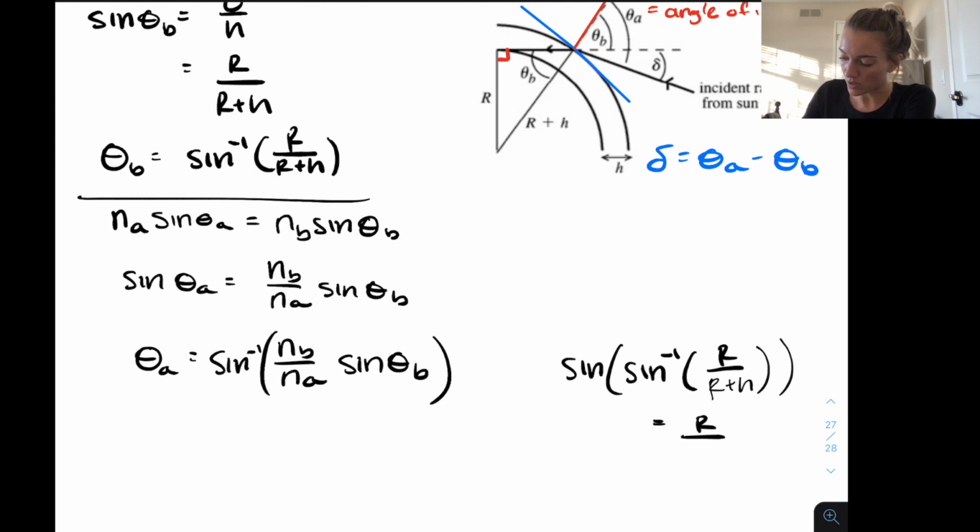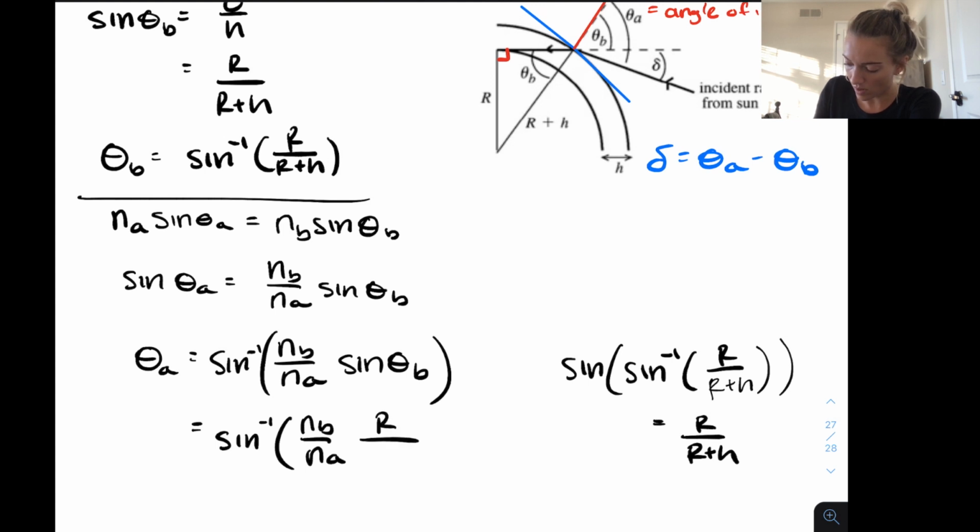So we're left with just R over R plus H. So this comes out to sine inverse of NB over NA times R over R plus H, right? Because this sine of theta B is just R over R plus H.